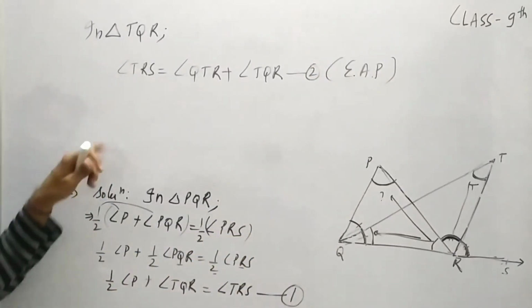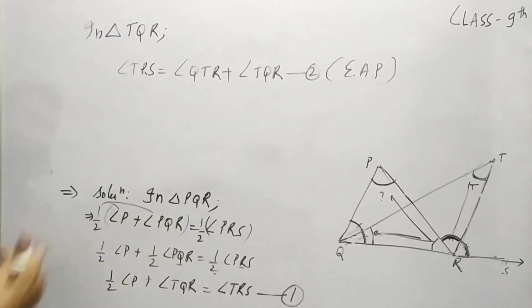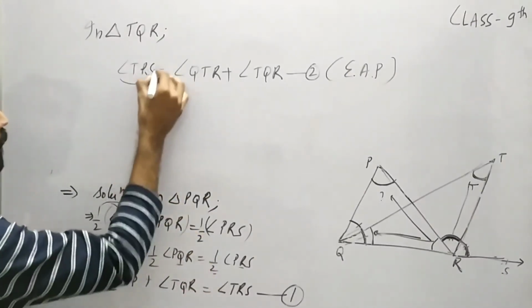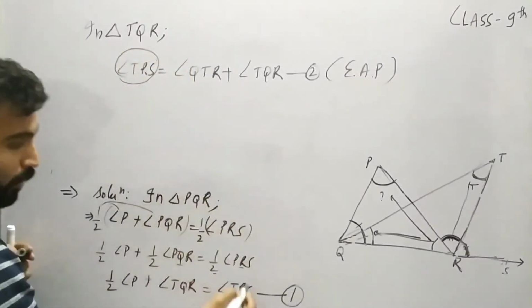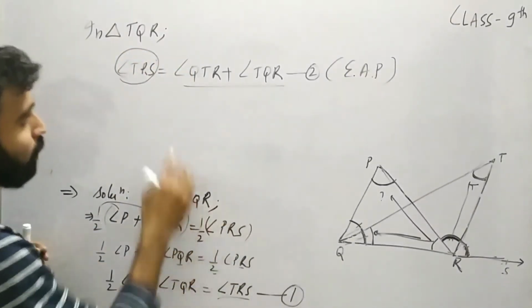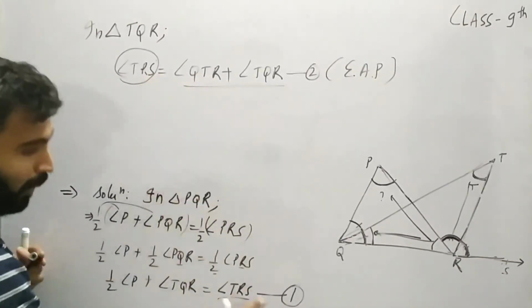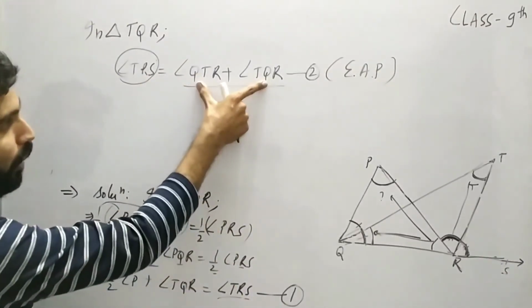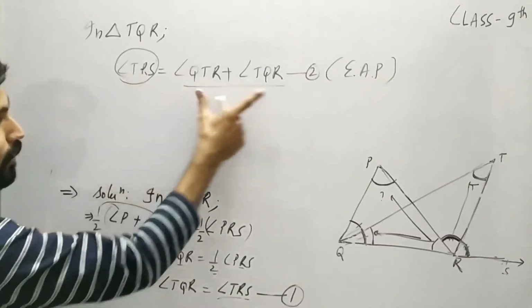If we observe from first and second, I can substitute this angle TRS into this equation. I'm going to substitute, at the place of TRS, QTR plus TQR, because angle TRS is equal to this.